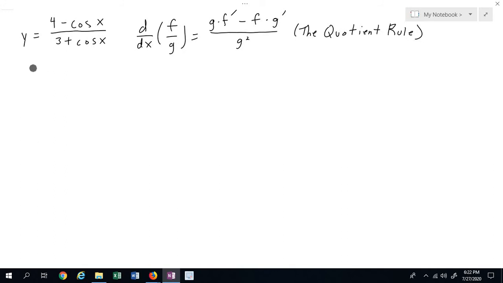So let's apply the quotient rule to this function to find the derivative. The first thing we have to find in the quotient rule is the low. The low function in this case is 3 plus cosine of x, times the derivative of the high.